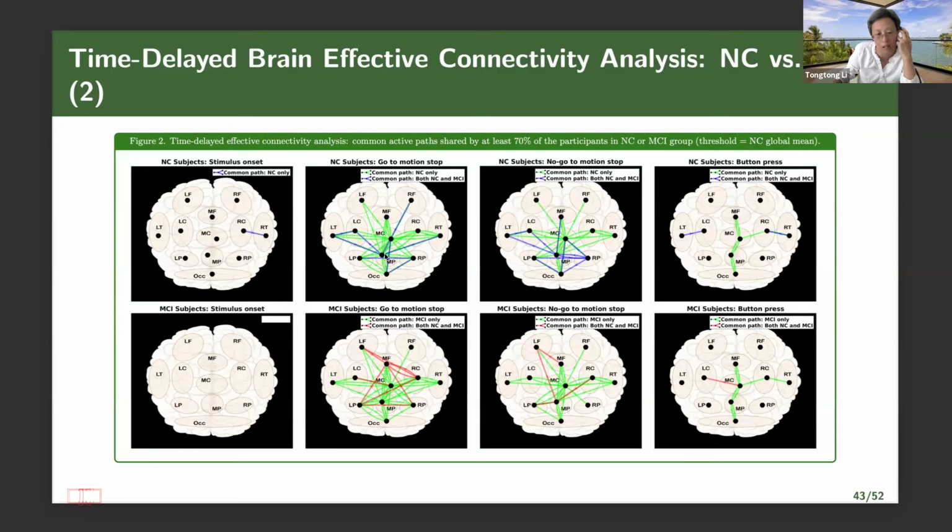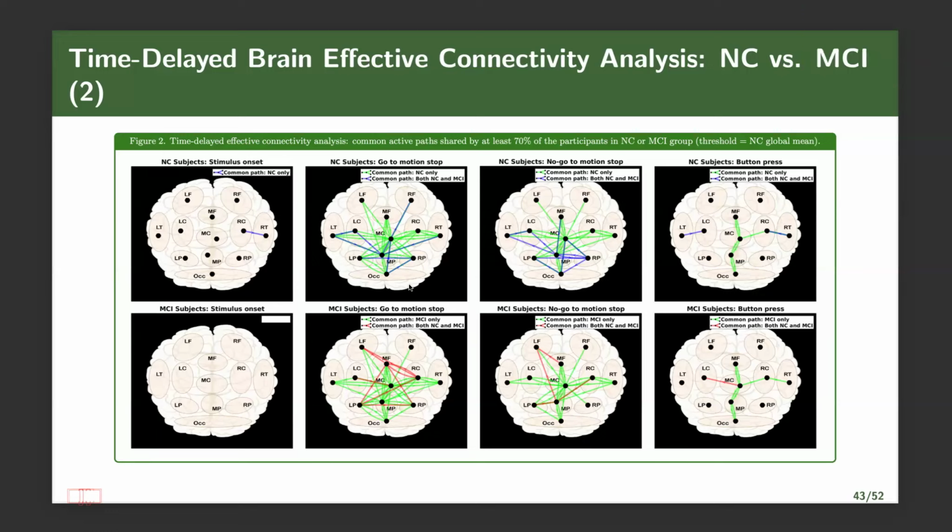So we can see that the brain is more active in the go and no-go period. The green one here represents the common active paths that are shared by the NC group and MCI group. So these two groups share some common active paths.